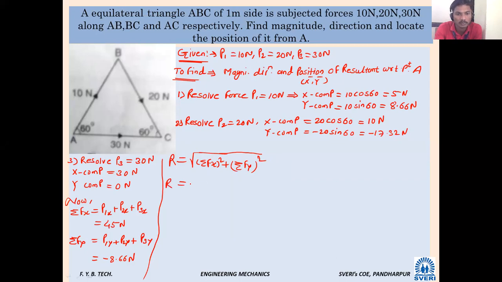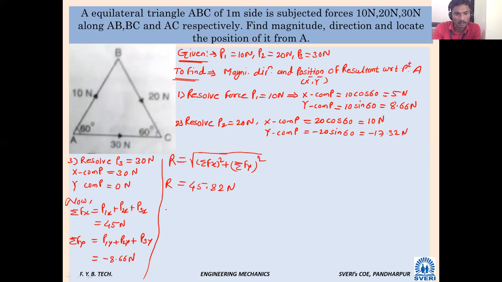R is equal to 45.82, so this is correct. Answers like 44 point something or 46 point something should not happen; it should be 45 point something, so take care of that.